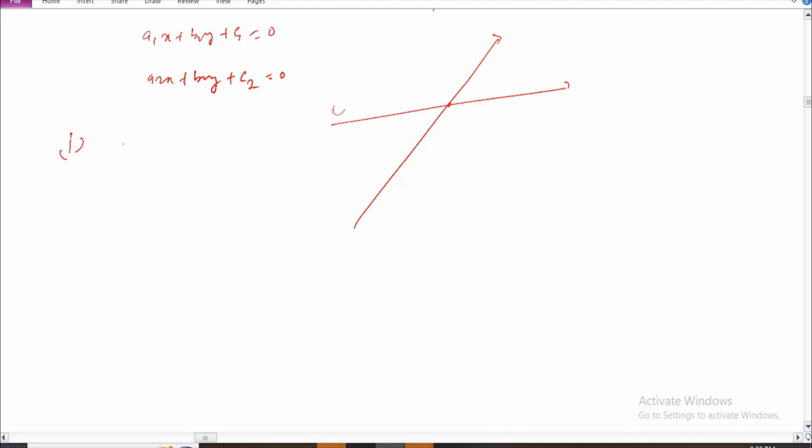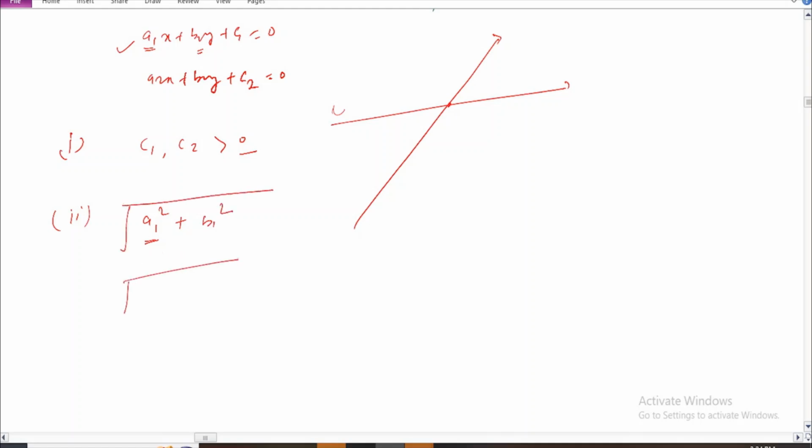Here, first make sure c1 and c2 are positive, right? Second, take the coefficient of x and the coefficient of y, square them, and take the square root, right?